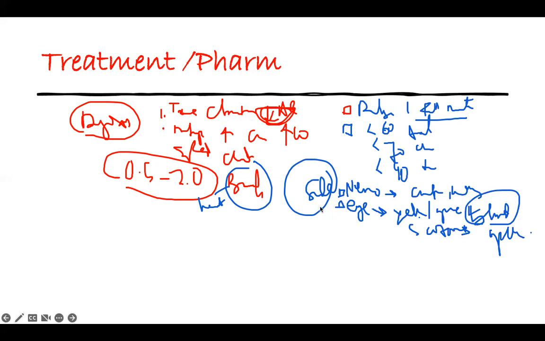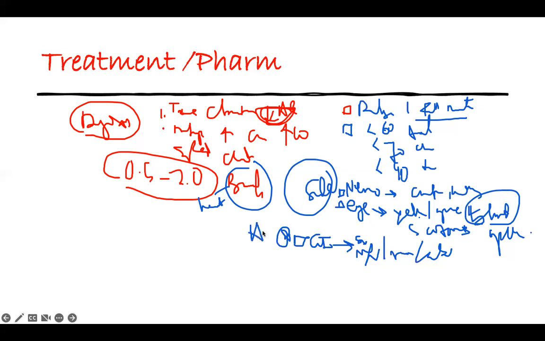Then from your eyes, your mouth is there. They have GI symptoms. This is the first symptom they will show. So they will have nausea, vomiting, anorexia, and abdominal pain. GI symptoms are number 1.